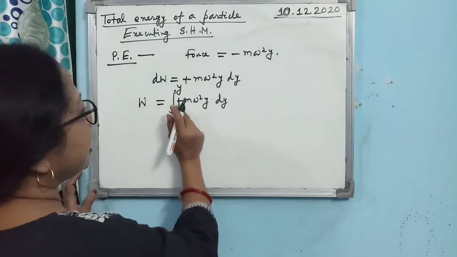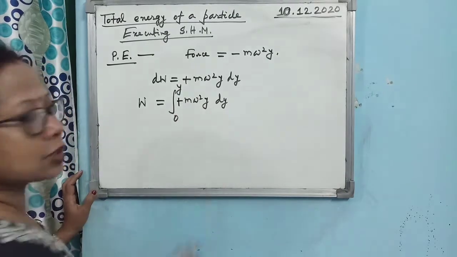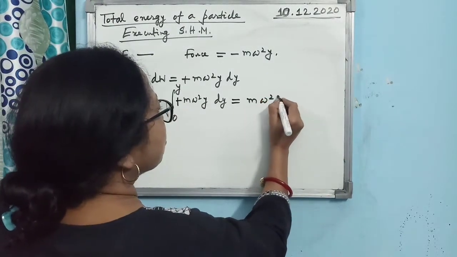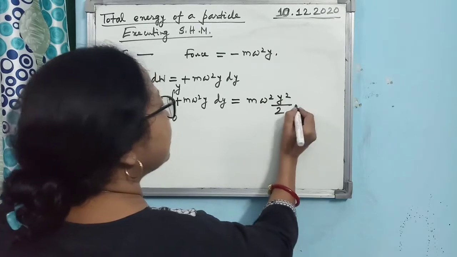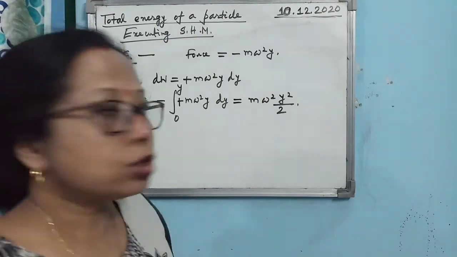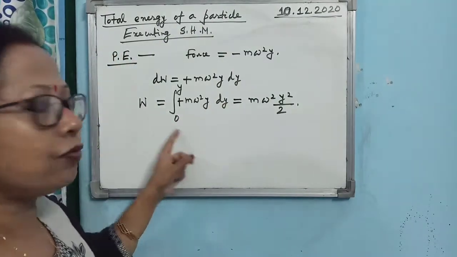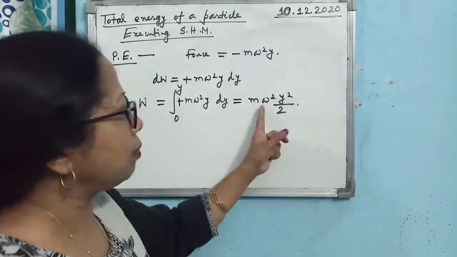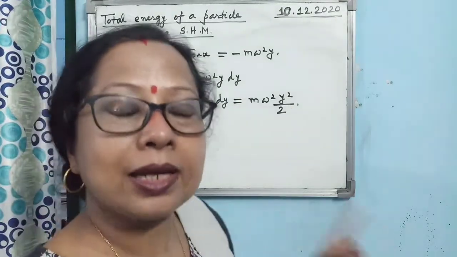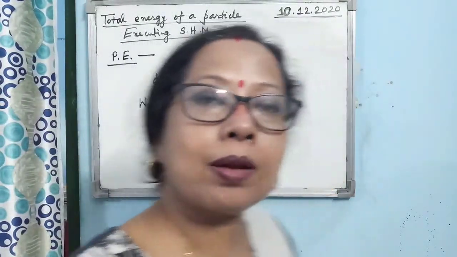So integration from 0 to y of m omega square y dy is given by m omega square y square by 2. Integration of y dy is y square by 2. You don't have to remember how to evaluate the integration, just remember the result that integration from 0 to y of y dy is y square by 2.